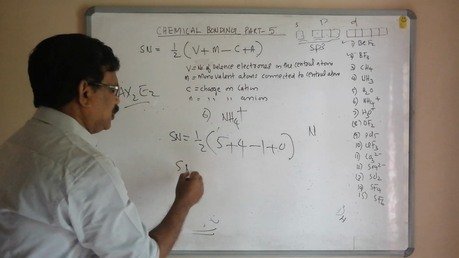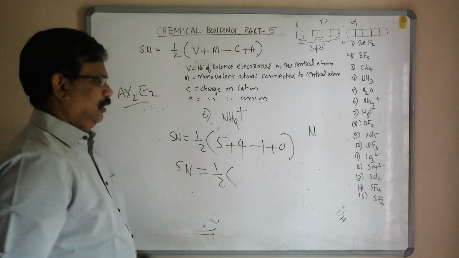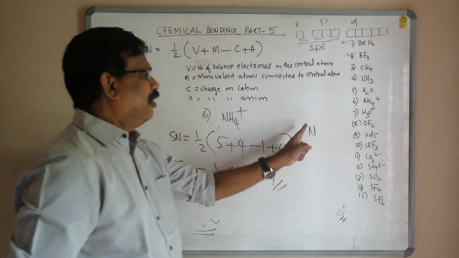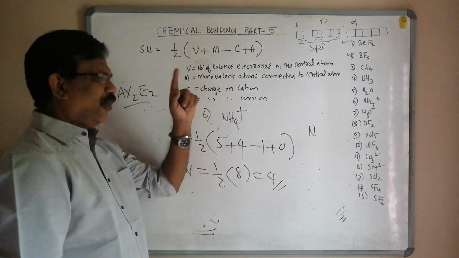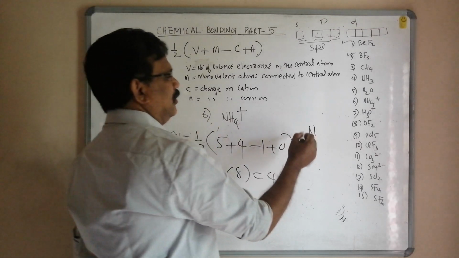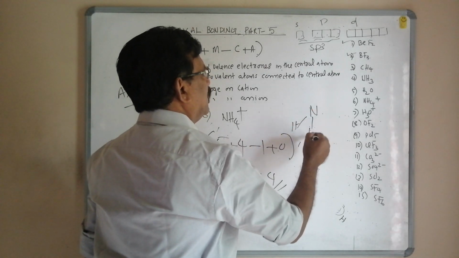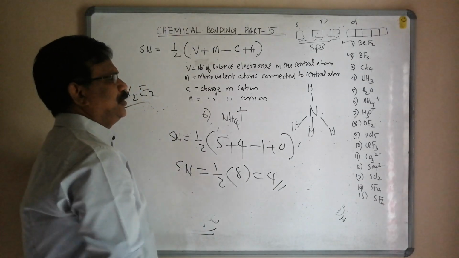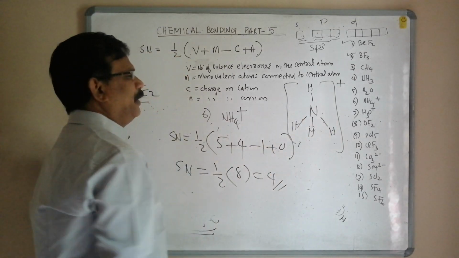So Sn, the steric number, is equal to half into 5 plus 4, 9, minus 1, is equal to 8, is equal to 4. This means 4 hybrid orbitals are present around the nitrogen. And these 4 hybrid orbitals are bond pairs because of 4 H. The 4 hybrid orbitals are carried by 4 H atoms, and this is NH4 plus. 4 orbitals, 4 bond pairs.